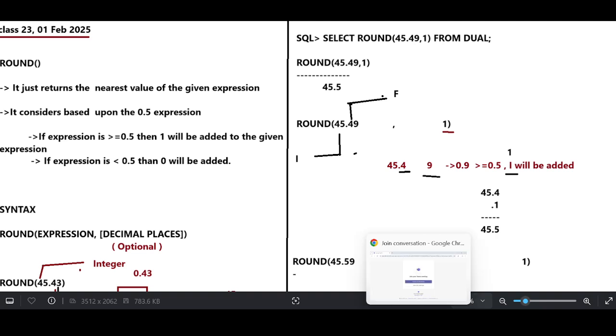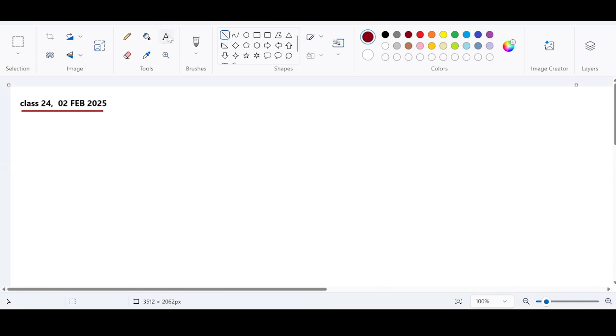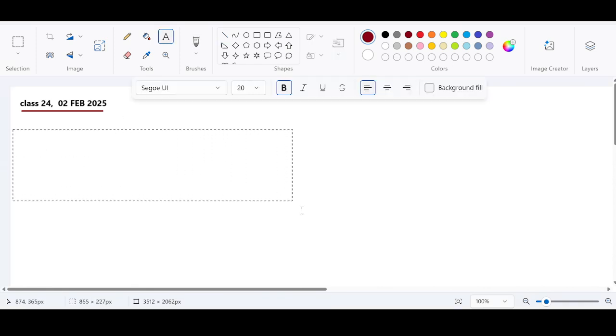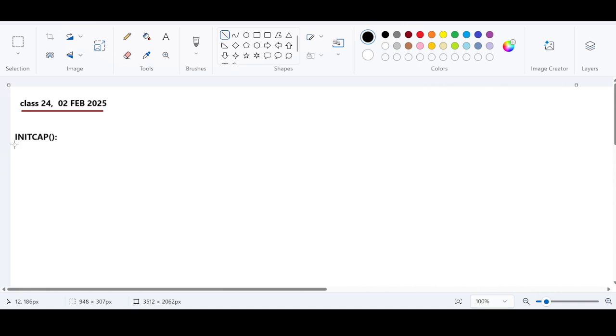Today we will discuss the remaining string or character functions. The next string function is the init cap function.